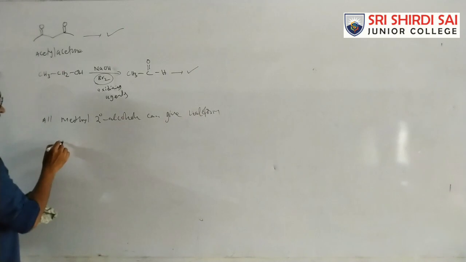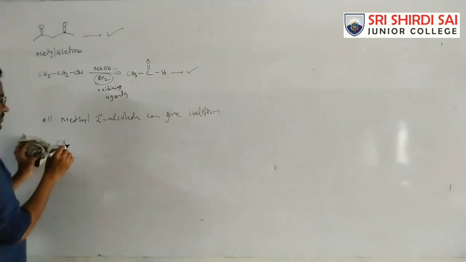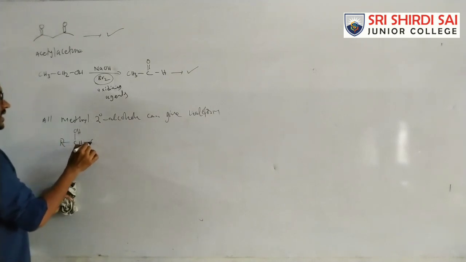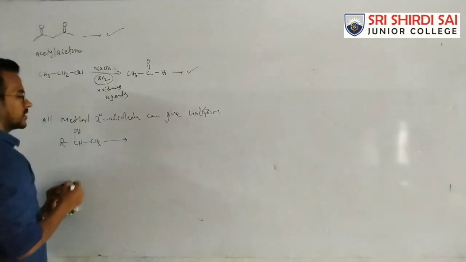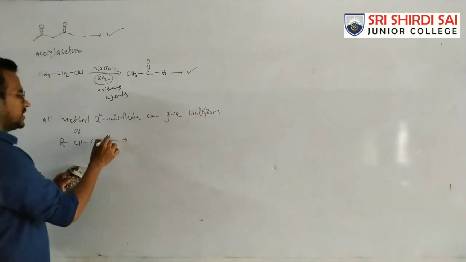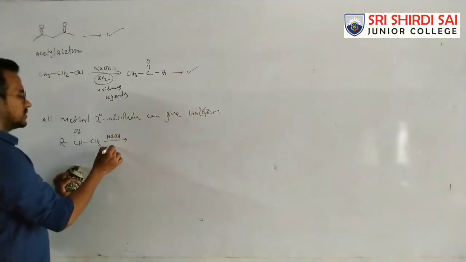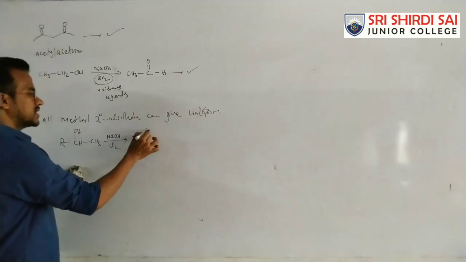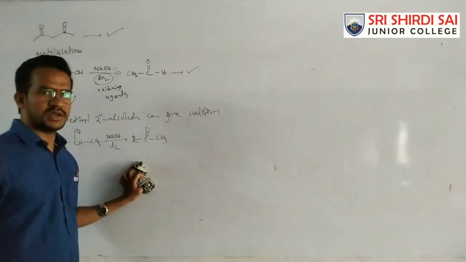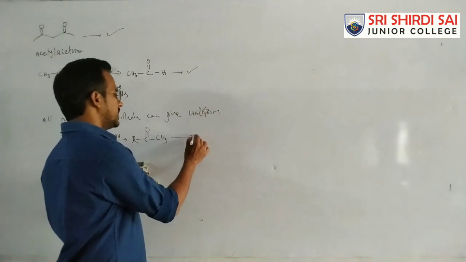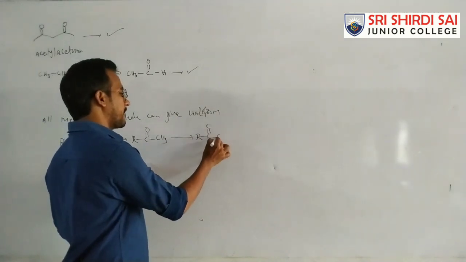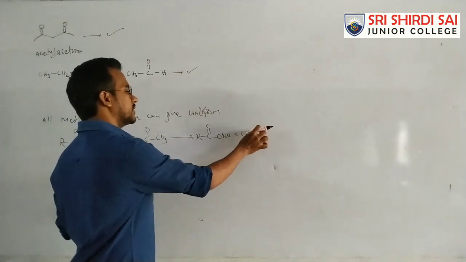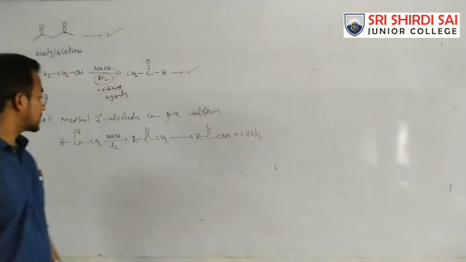That means CH3-CH(OH)-R reacting with NaOH or Cl2, oxidation takes place. It is converted to a methyl ketone. Now it can give the haloform, CHCl3. All secondary methyl alcohols.